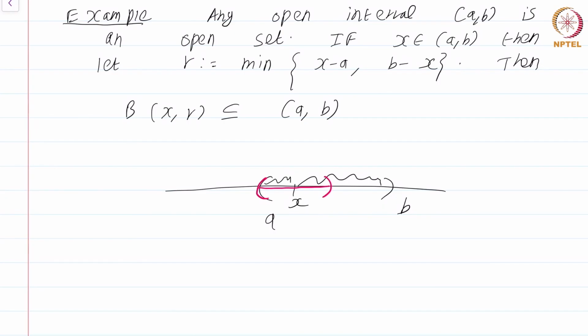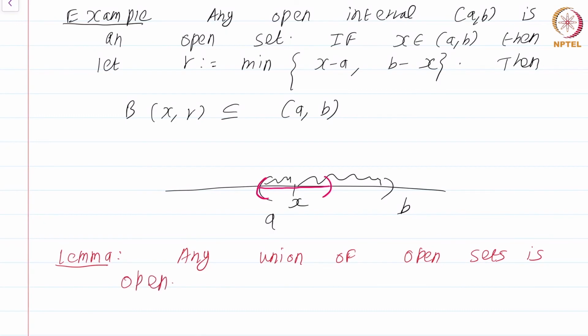Okay. Now, it should be immediately clear to you that this lemma is true. I won't even prove this lemma, it's that easy. Any union of open sets is open. It doesn't matter.